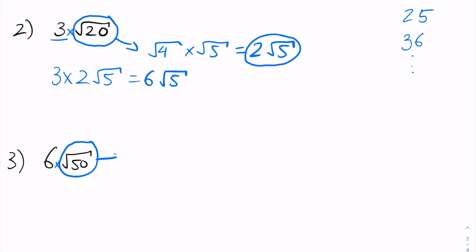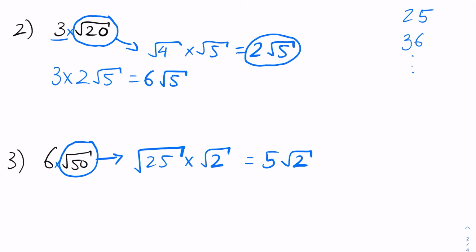Okay, so the first square number that I spot, and it does take a bit of getting used to spotting the square numbers that go into the numbers that you're given. You do sort of get a knack of it after practicing a few questions. The first square number that I spot that goes into this is 25. So we can rewrite this as the square root of 25 times the square root of 2, which is just going to become 5 root 2.